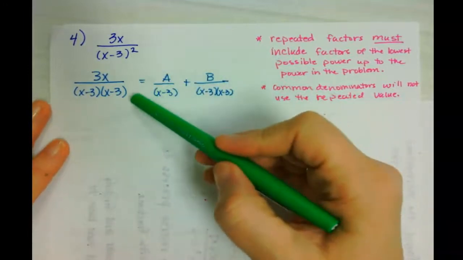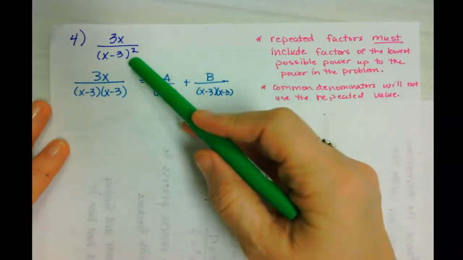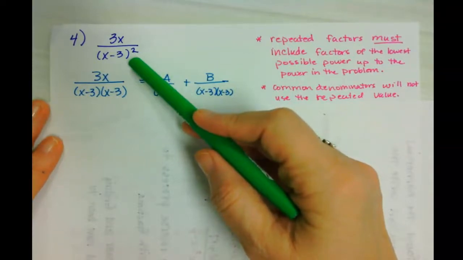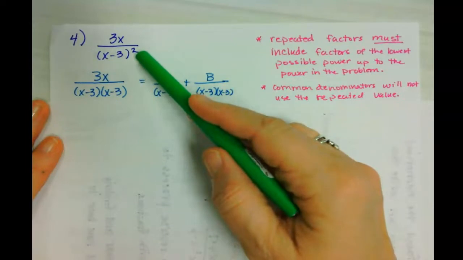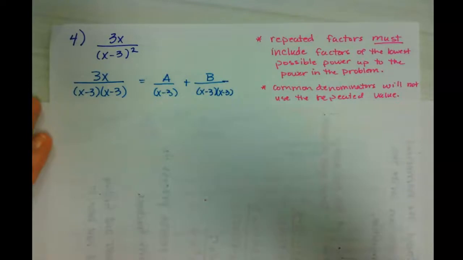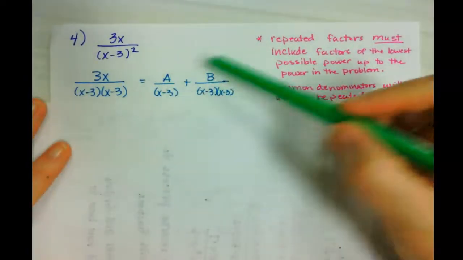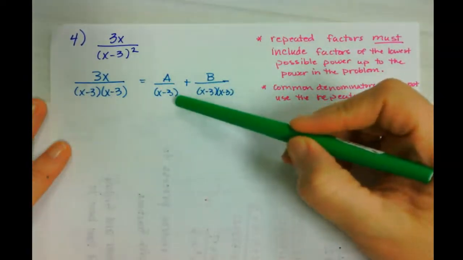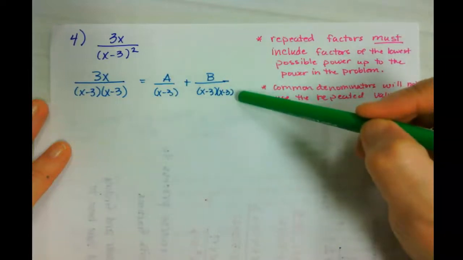So the rule here is when you have a repeated power, you are going to have one fraction for every power from where it starts down to 1. We wouldn't obviously worry about 0 because anything to the 0 power is 1. So I'm going to have a denominator with x minus 3, and I'm going to have a denominator with x minus 3 squared.